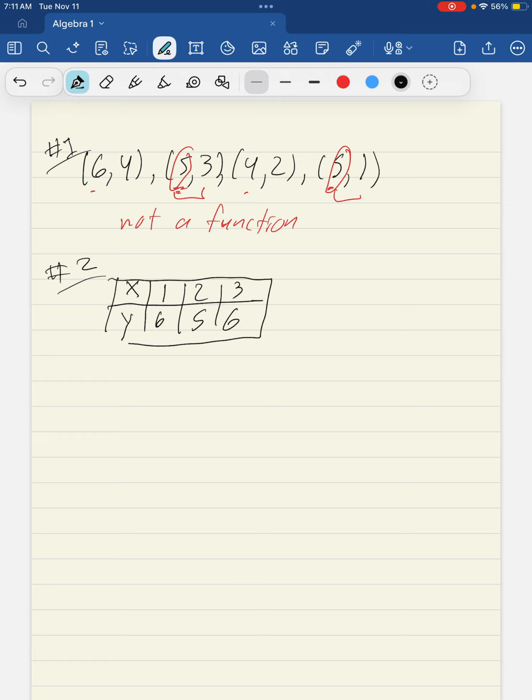And right away, you might think, oh, well, hold on, I've got 2 numbers repeat. That's not a function. No, it is a function because these are outputs. The main thing we don't want is the same input to go to 2 different numbers. So x does not repeat. So this is actually okay. This is a function.